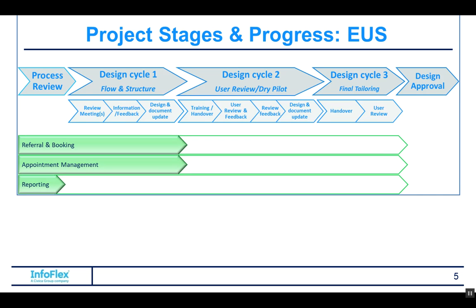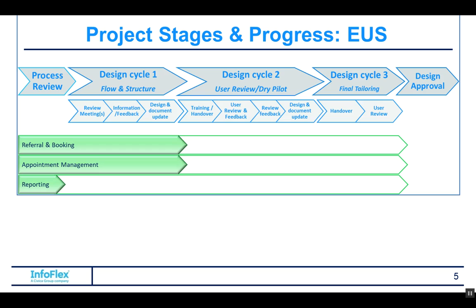So this is a high level view of where we are with the EUS project. We've come to the end of design cycle 1, which is the basic flow and structure and how it all fits together. Then this is the beginning of cycle 2, what we're calling the dry pilot. So this is the training and handover session today. Then you'll have a play with it.